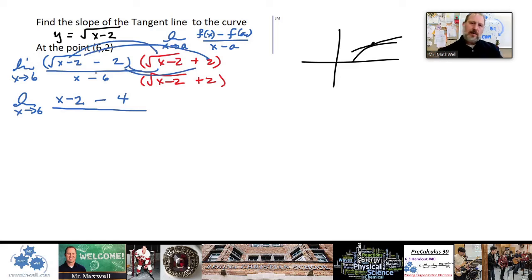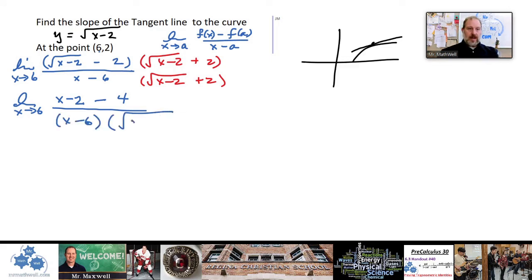Now remember, I mentioned before that when you're rationalizing the numerator, you don't have to expand the denominator all the time. You can save that, because what we're trying to do is eliminate factors. So leave this in factored form: x minus 6 times root x minus 2 plus 2 on the bottom.